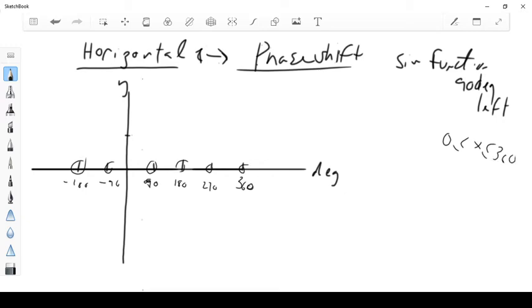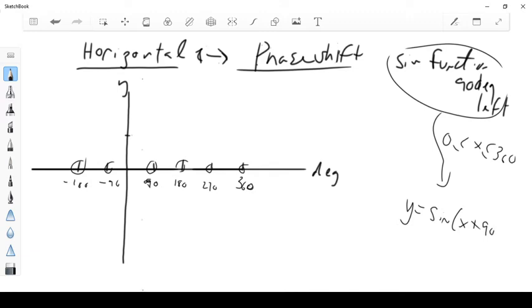So watch, let's just explain this. If I was going to take my sine function and shift it 90 degrees to the left, that means the equation would be y equals sine, bracket x plus 90. That is telling somebody that you are taking your sine function and shifting it 90 degrees to the left. And we call the parameter that does that the d parameter.